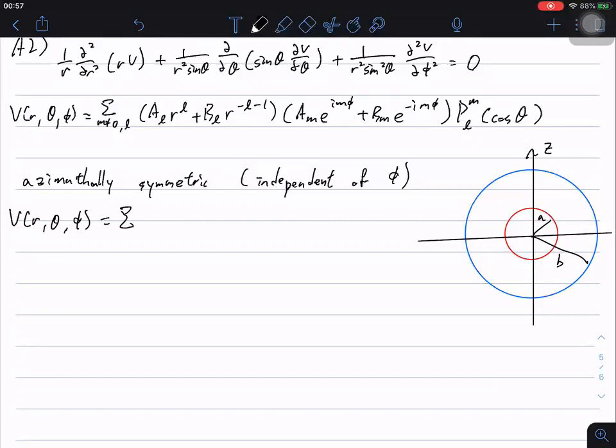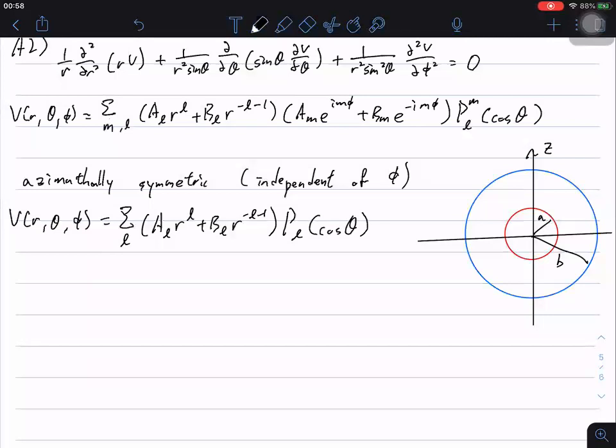So for the associated Legendre polynomial, it becomes just the Legendre polynomial, PL. And I guess here I don't have to write m not equal to 0.